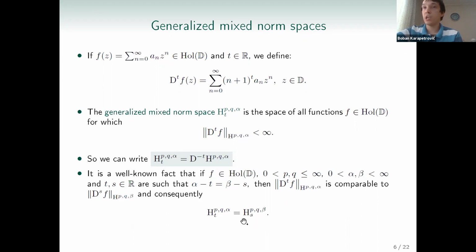So nothing changes if we add the same number to these two parameters alpha and t. So here we add beta minus alpha, and beta minus alpha is the same as s minus t. So here down we add s minus t.